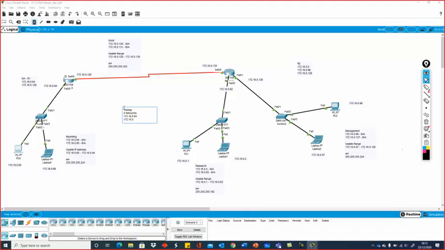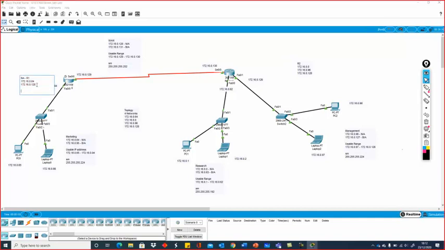172.16.0.0, 172.16.0.96, and 172.16.0.128. So these are the four networks. Now, if we compare this to this, which ones are missing?